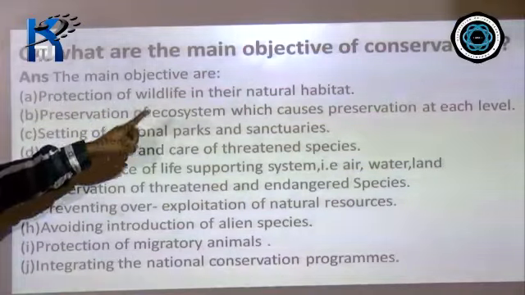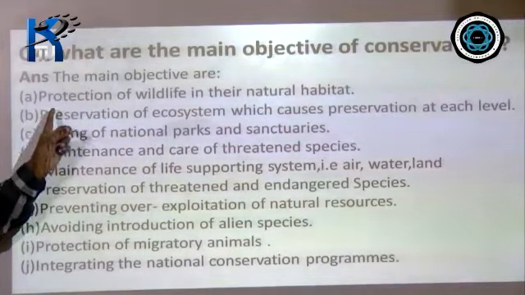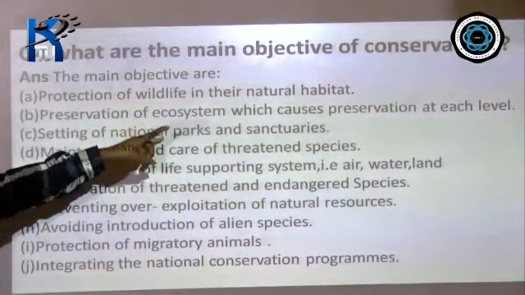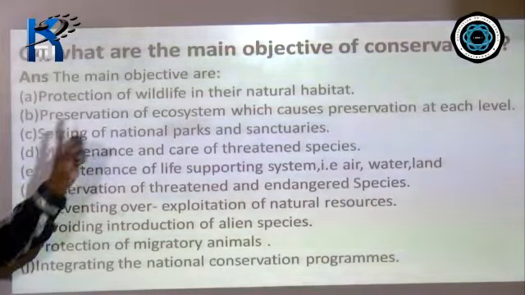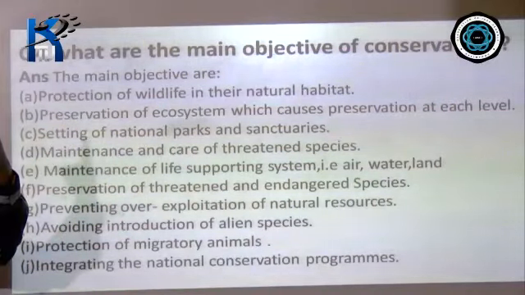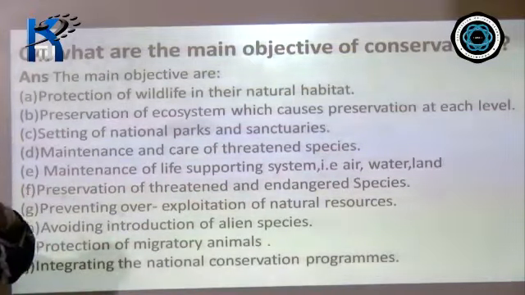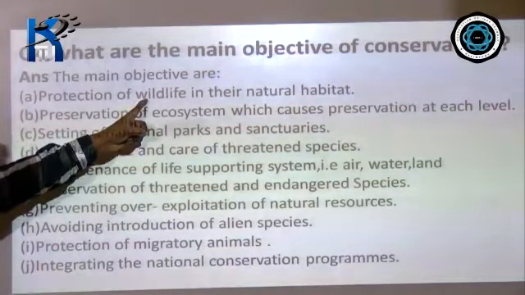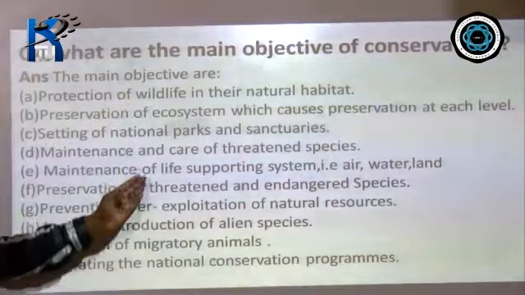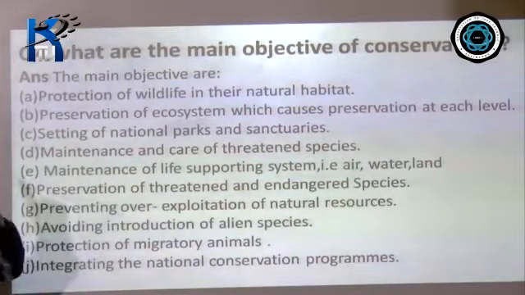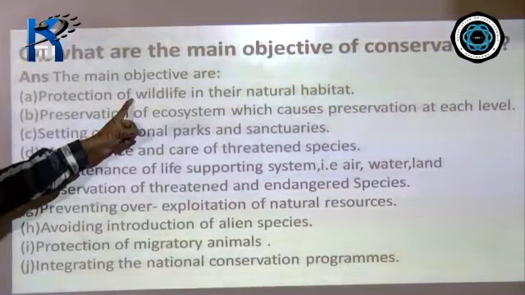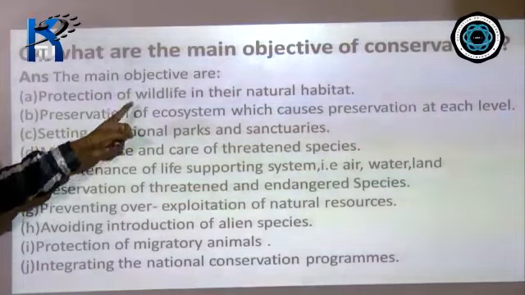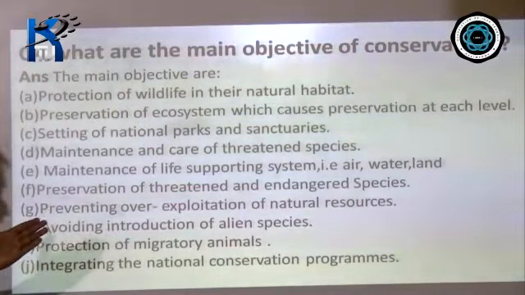Protection of wildlife in their natural habitat. Even if you write protection of wild animals, protection of flora, protection of fauna, it will be counted as one, because flora, fauna, everything, microorganisms come under wildlife. So you wrote 3-4 points, but it will be counted as only one. So you see that wildlife alone includes everything.